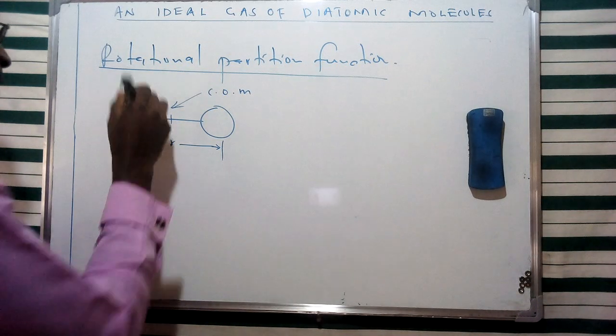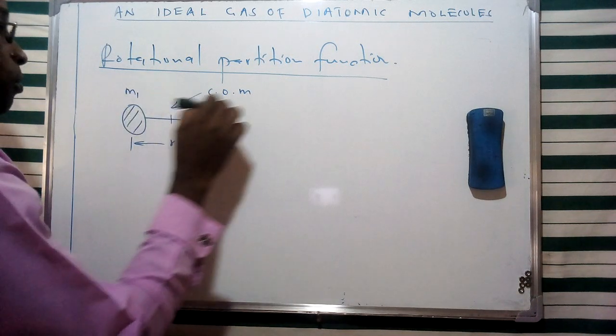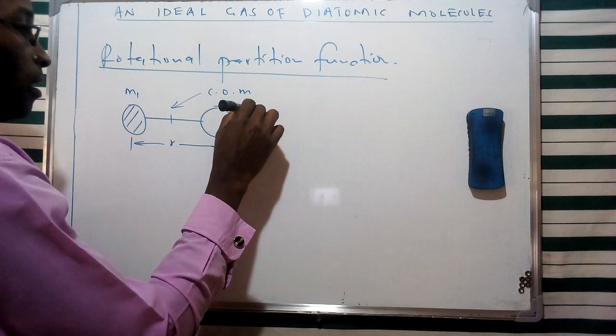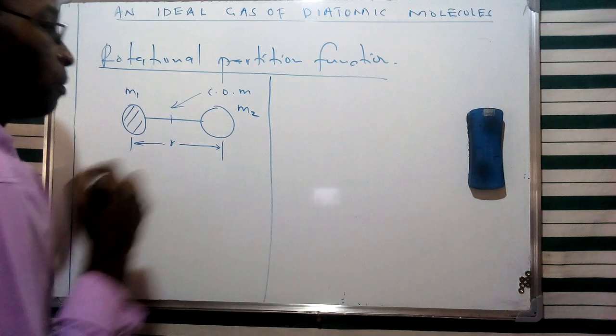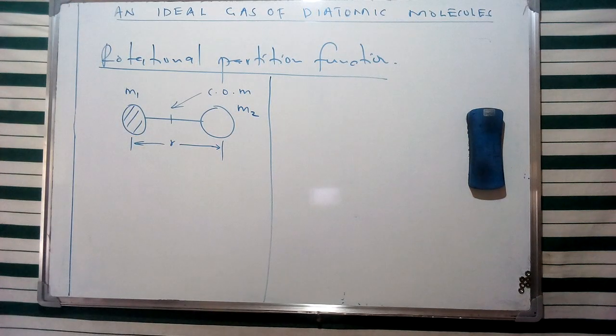We can give the masses of the atoms forming this diatomic molecule as M1 and M2. I've said that the rotational properties of such an arrangement can be described using two aspects: the first is the moment of inertia, and the second is the distance from the center of mass.